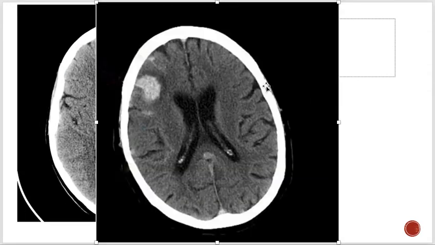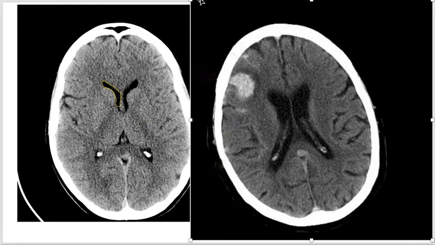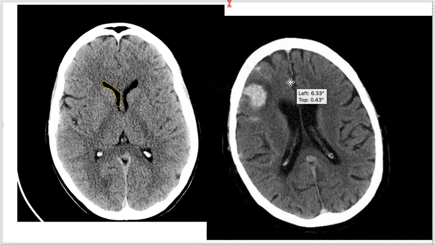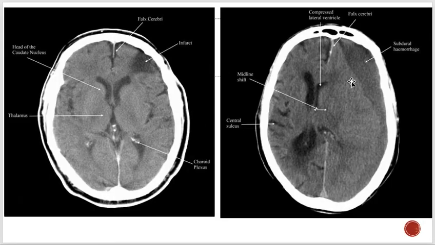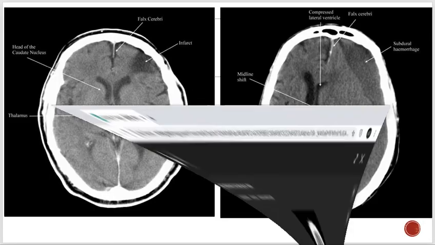Now see how we can assess or evaluate this one. You can see in the normal CT scan, you can divide it in half, and both structures look the same. There is no midline shift.